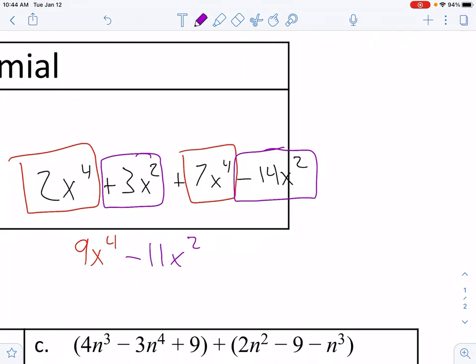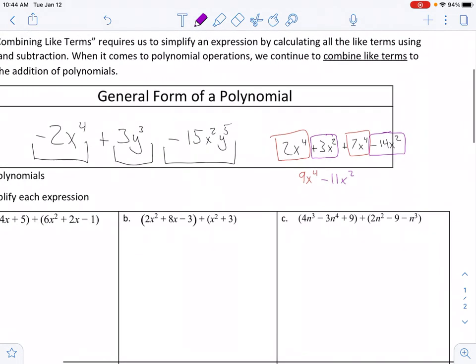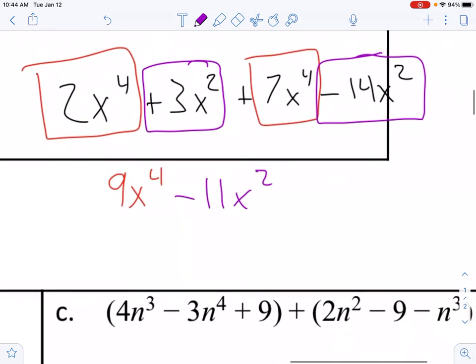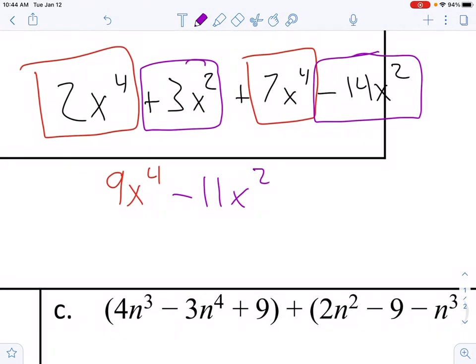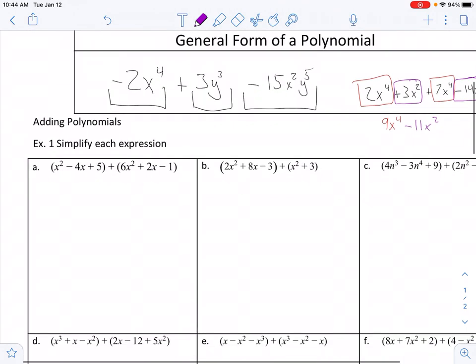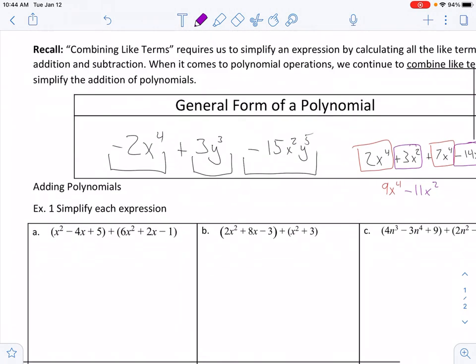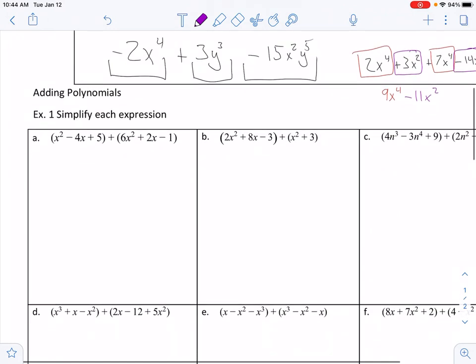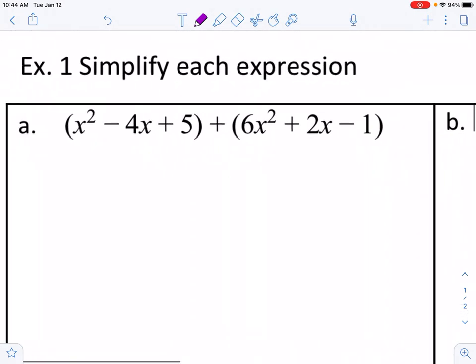So combining like terms means that we're taking the terms that have the same variable and exponent value and counting them up. The difference with adding polynomials is just that these are grouped together.